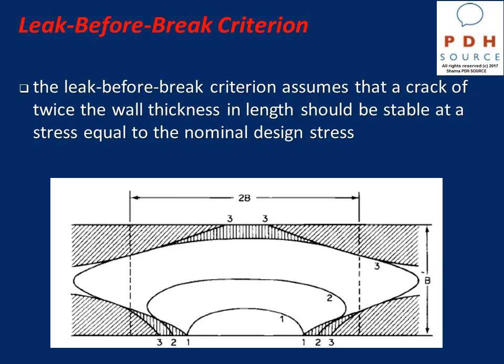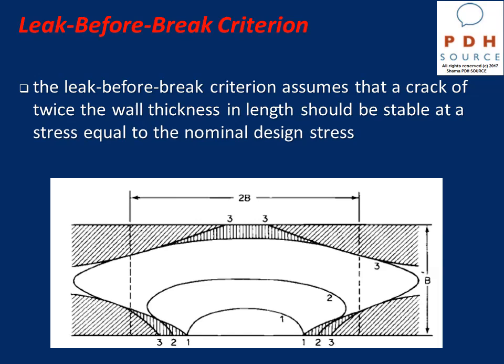In other words, the critical crack size at the design stress level of a material meeting this criterion would be greater than the wall thickness of the vessel, so that the mode of failure would be leaking, which can be tolerated when compared to fracture.